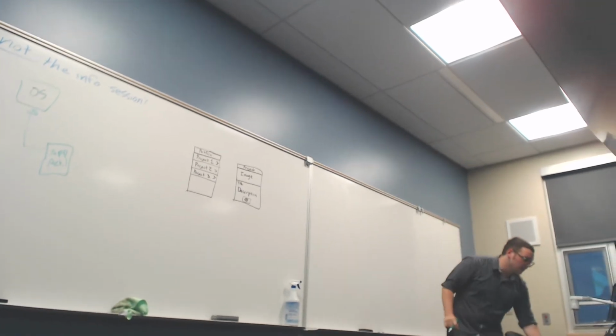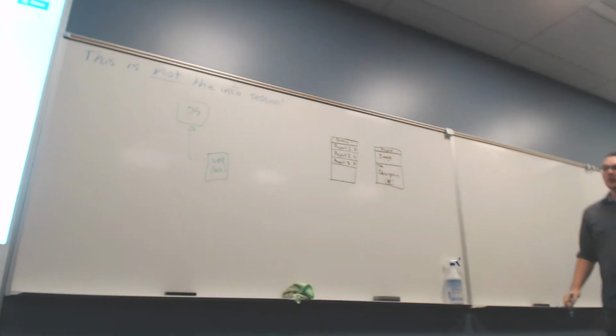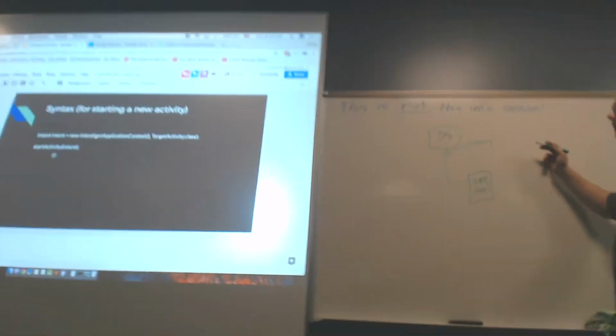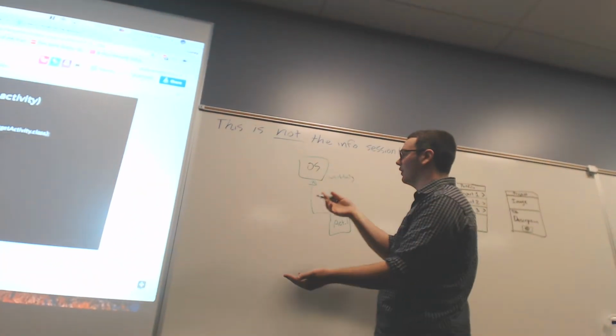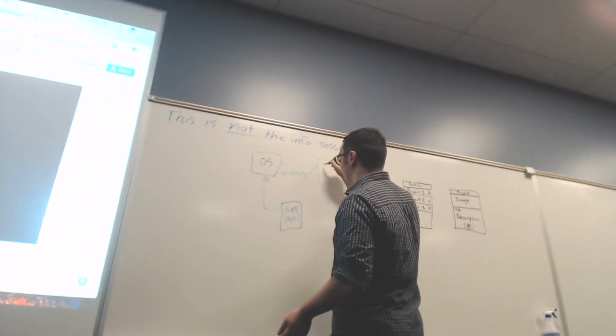When start activity with the intent is called, it's sending this message to the operating system saying, start activity. And the operating system's like, cool, I'm going to give the application foreground to this new instance of an activity. So, add activity 2.